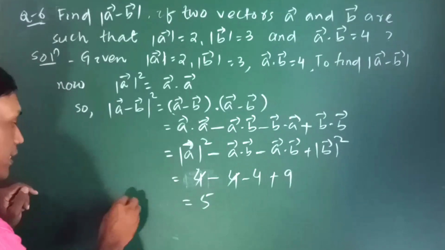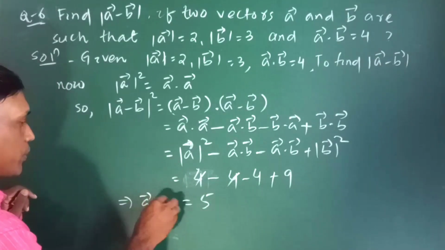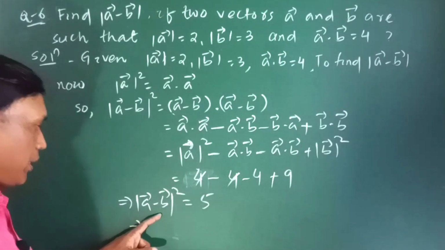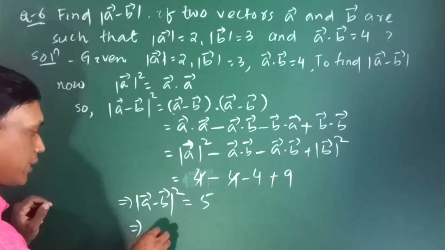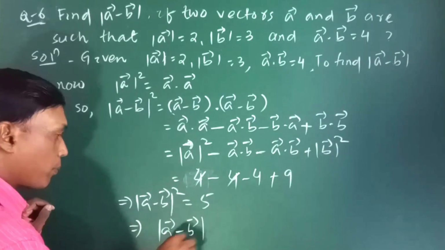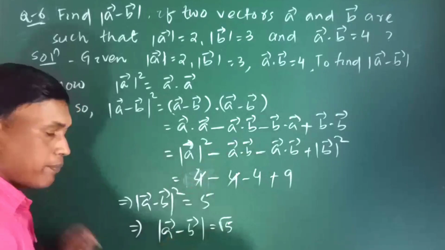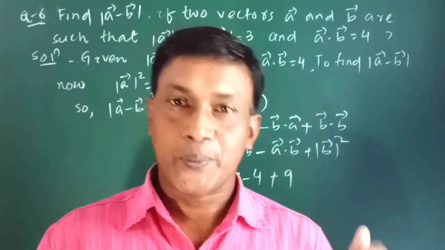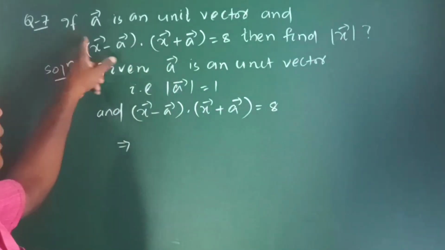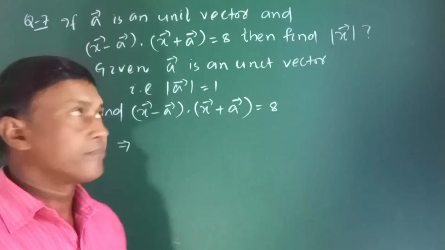Now this is the value of the square of the magnitude. If the square of magnitude of A minus B is 5, then the magnitude of A minus B is root 5. In this way you can solve this question. Another question is: A vector is a unit vector.